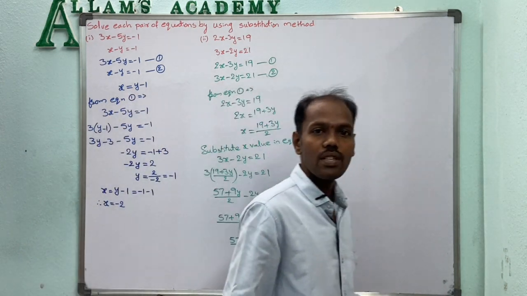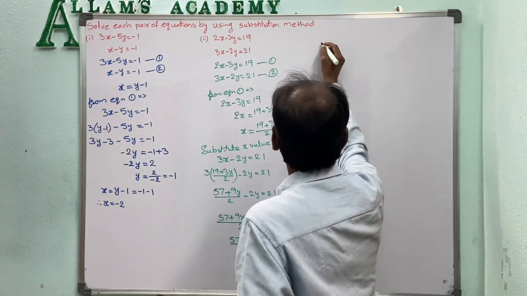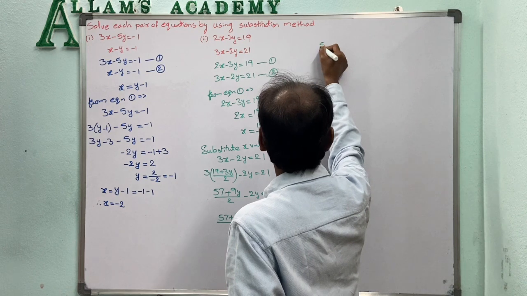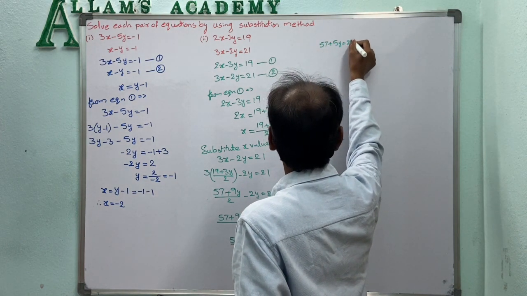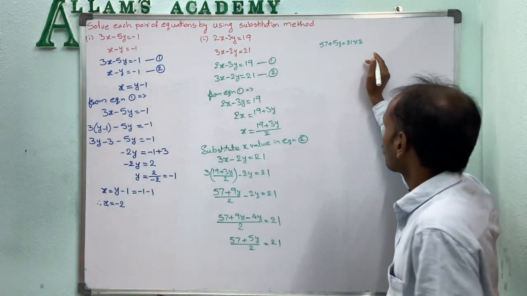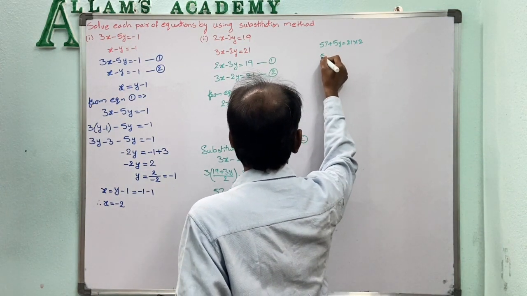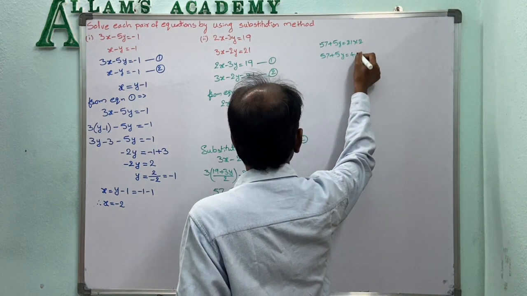Now division, when transferred to that side, becomes multiplication. So 57 plus 5y equal to 21 into 2. 21 twos are 42. So 57 plus 5y equal to 42.